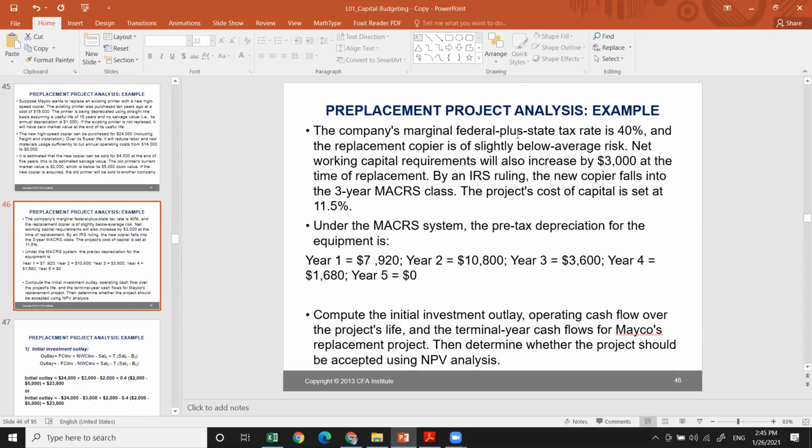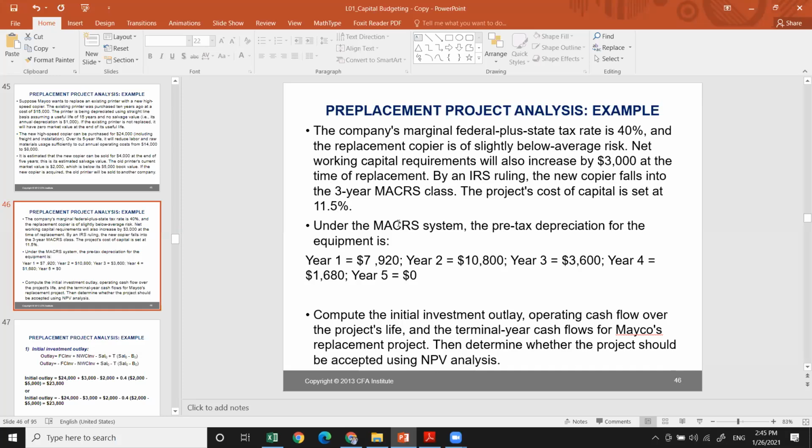The company's marginal federal plus state tax rate is 40%. The replacement copier is slightly below average risk, and the net working capital requirement will also increase by 3,000. So NWC will be 3,000. By an IRS ruling, the new copier falls into a 3-year modified accelerated cost recovery system class.